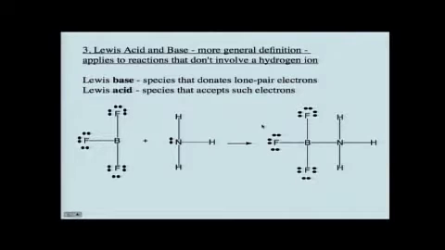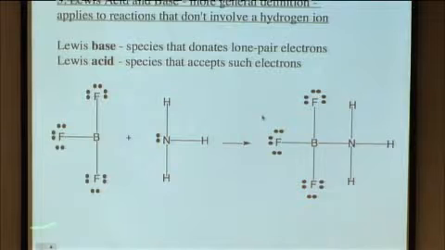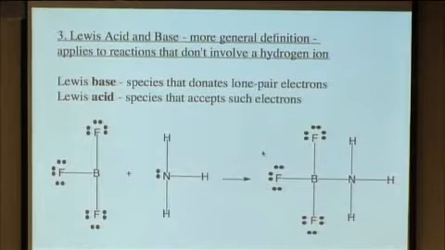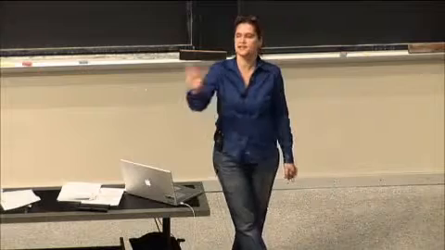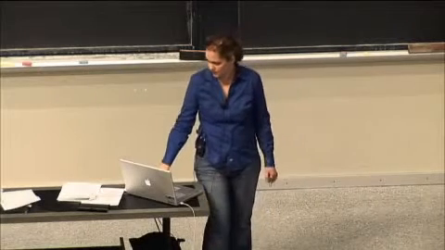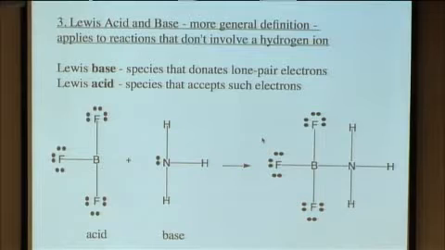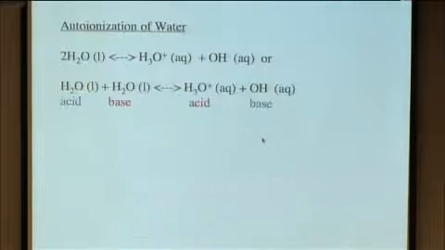We can think about forming a complex and which thing is going to act as an acid or a base. One will be donating its lone pair electrons, and the other will be accepting. So this is a much broader definition. When they talk about acid-base here, they always say, as a Lewis acid or a Lewis base, to make it clear what's going on. Again, we have our base donating its lone pair electrons and the acid accepting. All right, so those are our definitions of acids and bases.